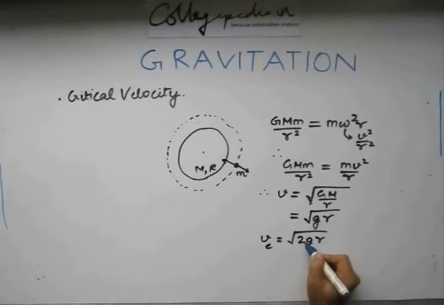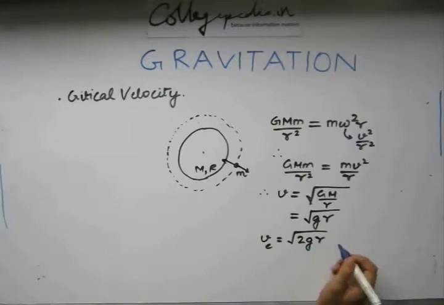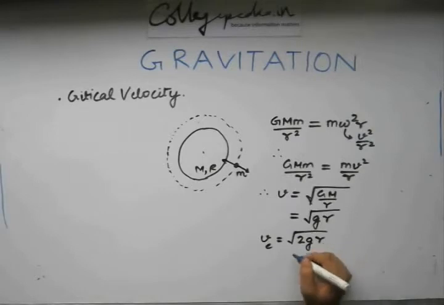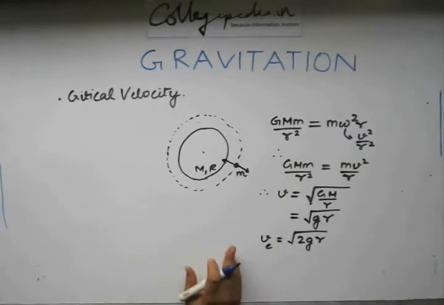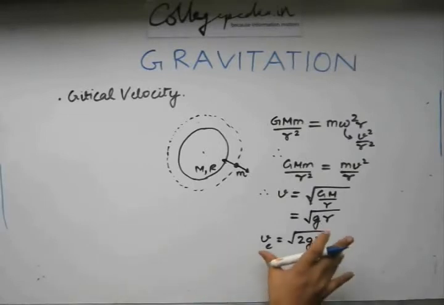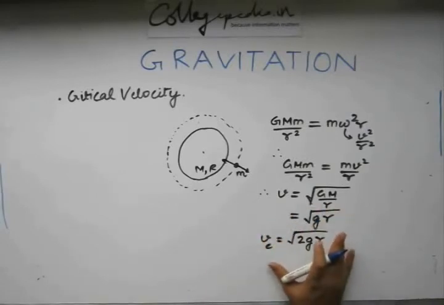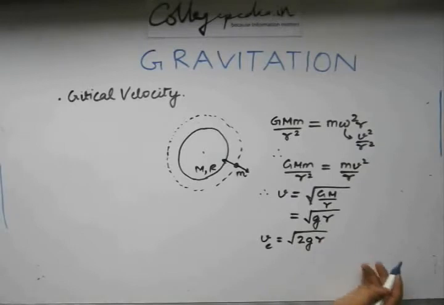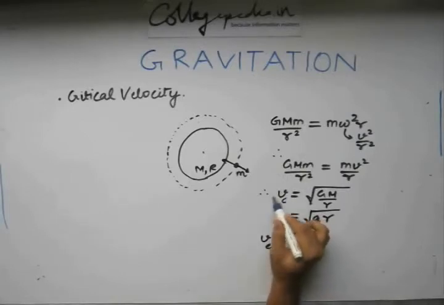Note that in that case we referred to the object being at the surface of the earth. It may not be so if we have the object at some height above the earth's surface. So it will just be the change in potential energy that will be considered. If you calculate that, you will find the escape velocity expression is not changing, except for the fact that this r is not the same as the radius of earth. This is the only difference. So this is basically the critical velocity.